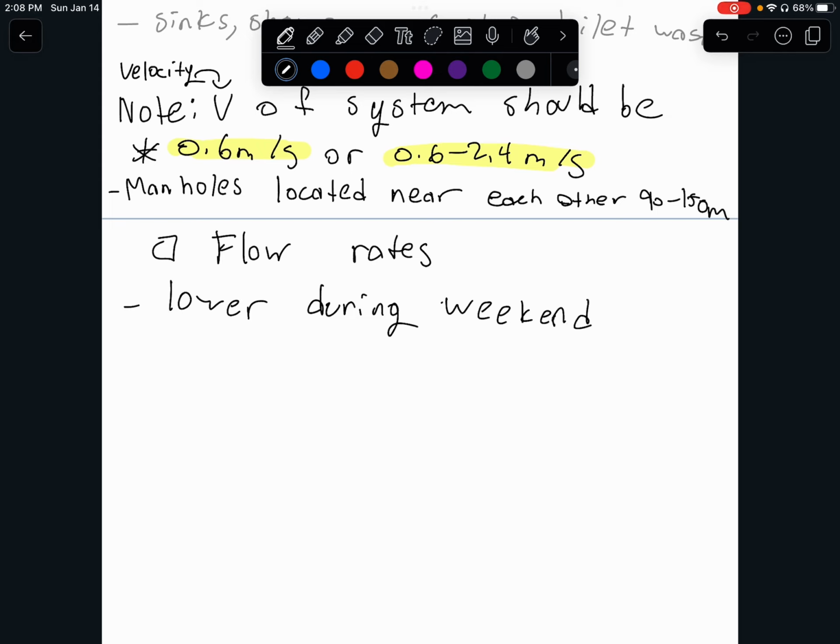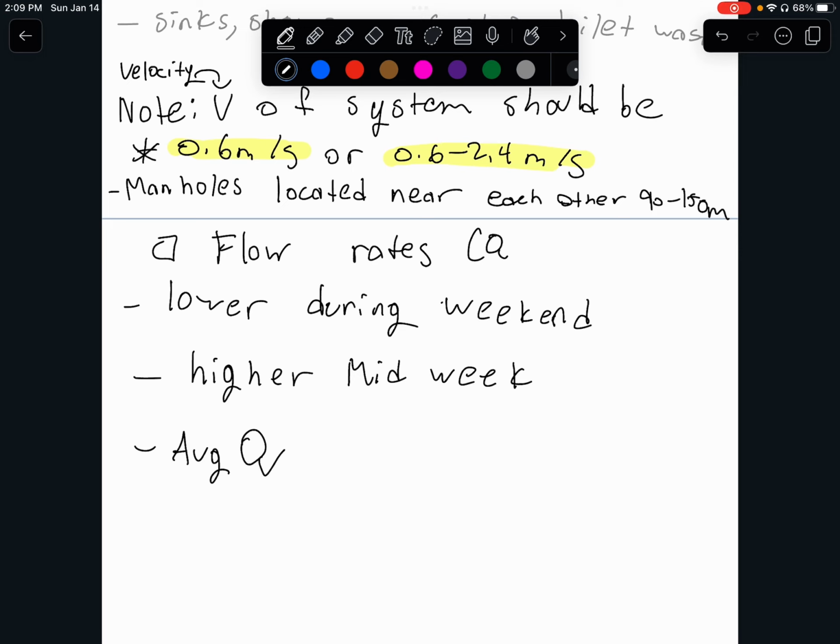This is due to whatever reason that may occur, but it's higher midweek. This is due to the collection of wastewater, right? Storms mostly happen during the week, and when we have it, it's higher during the midweek. And it's also the average flow rate. So flow rate we're going to define as Q, right? So average flow rate is usually higher, right?